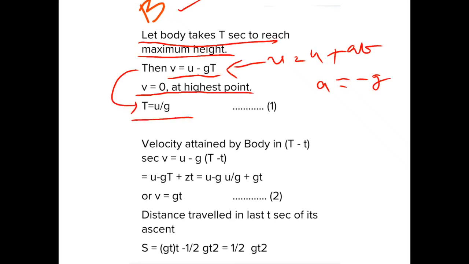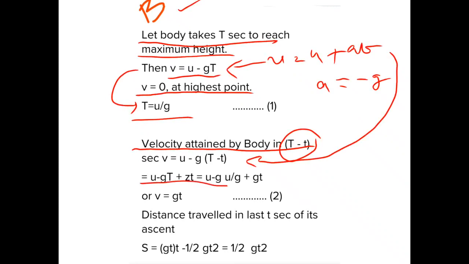So the velocity attained by the body at capital T minus t, in the last t seconds they have given in the problem. So the same formula v is equal to u plus at, I am writing like this. If you simplify it, the velocity is gt. You know the formula, s is equal to ut plus half of at square.